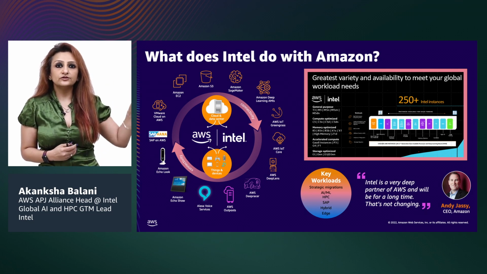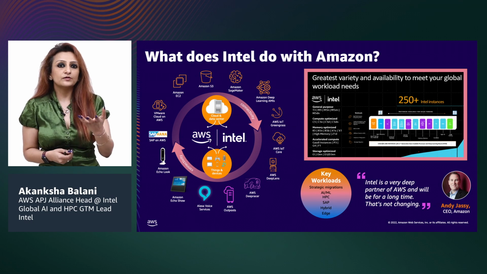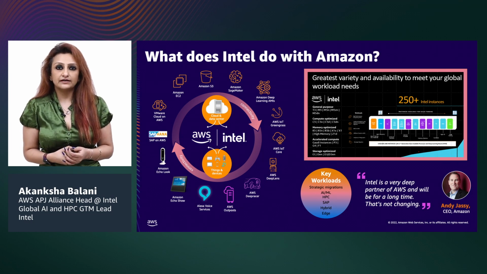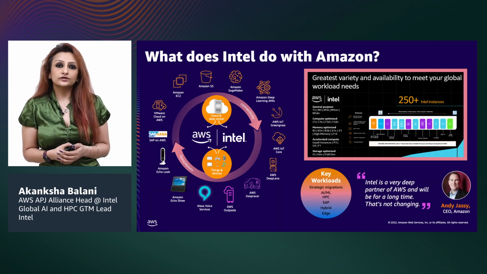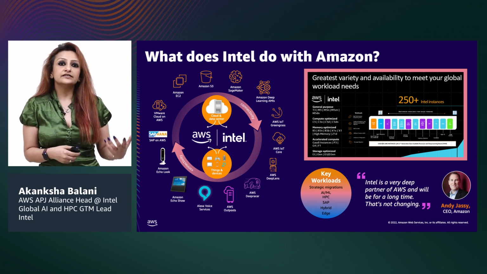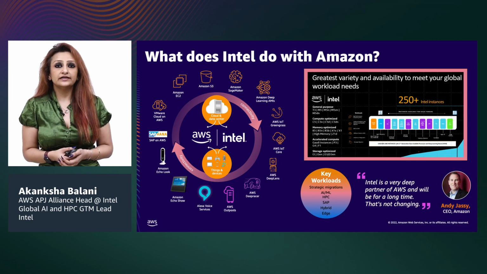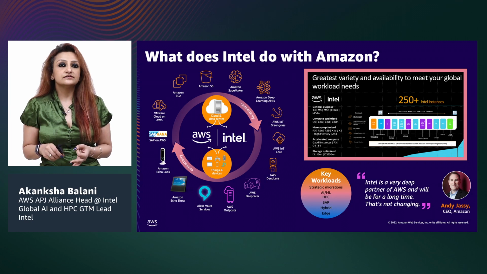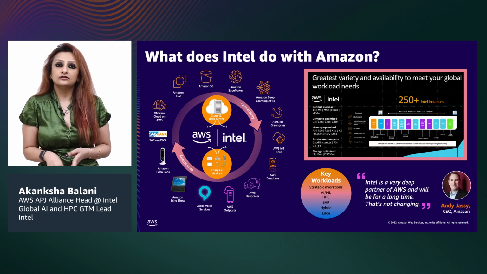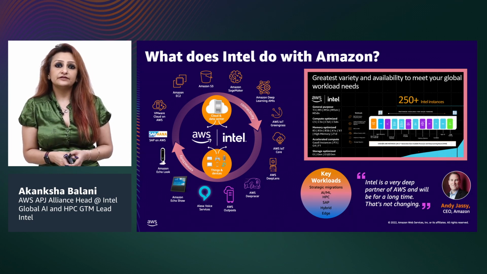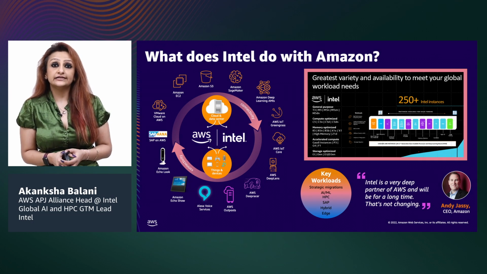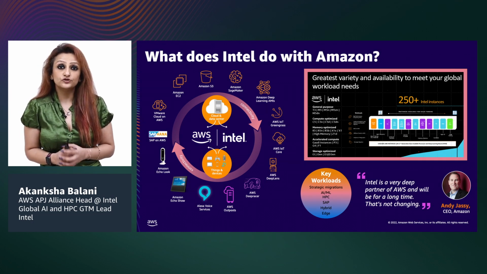If you look at the circle of services and platforms that you probably are already playing around with on AWS, whether it's the EC2 compute, or the storage on S3, or the various migrations that you're driving on your databases, whether it's Windows or SAP HANA or SQL Server or Oracle, all of those have the capabilities of being powered by Intel instances on AWS today.